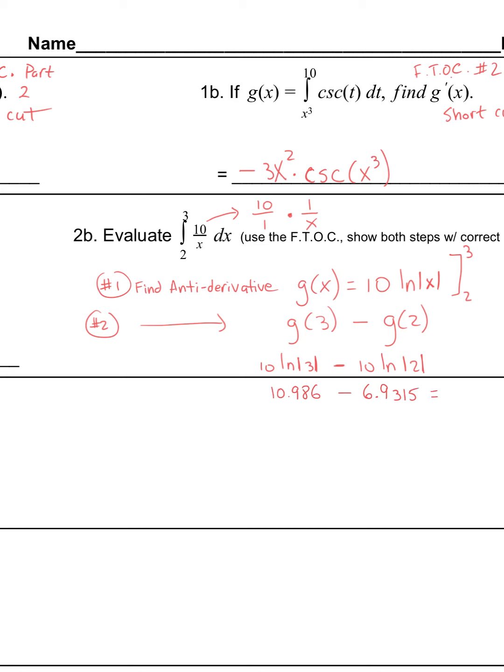So our answer to our definite integral is 4.0545, which is what I am seeing on my calculator. So the answer to a definite integral is a number. That is the area underneath this curve, 10 over x, from 2 to 3.